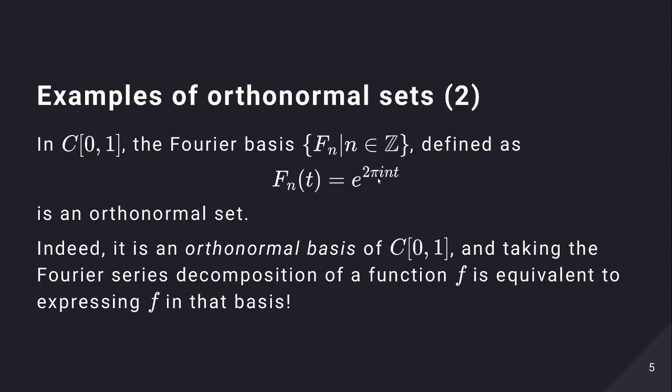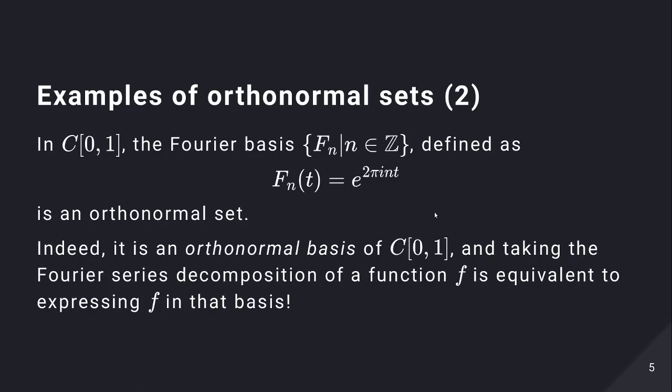Because i here is a complex number, it's cosine of 2 pi n t plus i sine of 2 pi n t. And this set of functions in this function space is also an orthonormal set. Indeed, it's actually an orthonormal basis, maybe up to normalizing these functions.